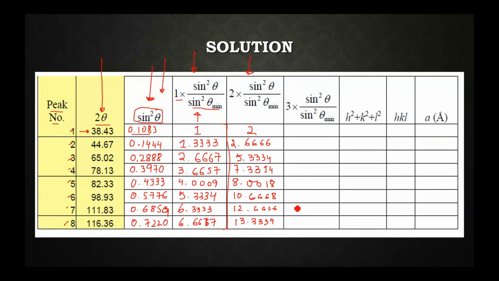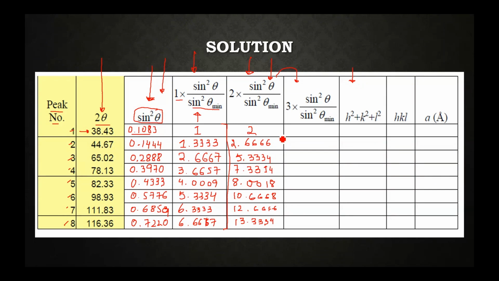All right. Now, this would become the deciding stage. This column, where you have multiplied the values by 2, is the deciding column whether you have to go and multiply the values by 3 or fill up this h square plus k square plus l square column. If you look at the values in this column, are they whole numbers or almost whole numbers?